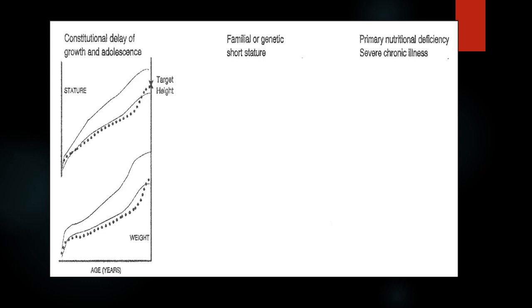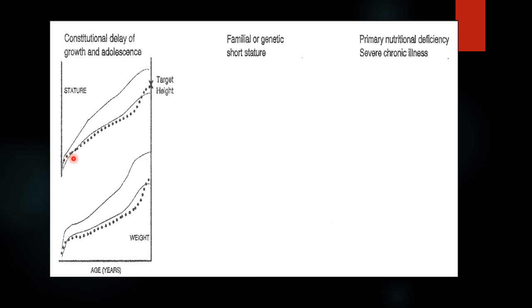Now, just to show you how these different types of short stature would look on the growth chart, if we follow the growth chart and the growth velocity. So here this is a representation of constitutional delay of growth. Here you can see that to begin with, the height of the child was within the normal range.